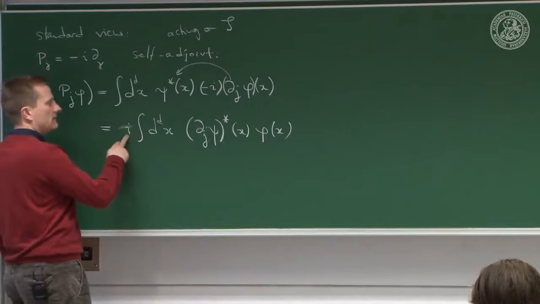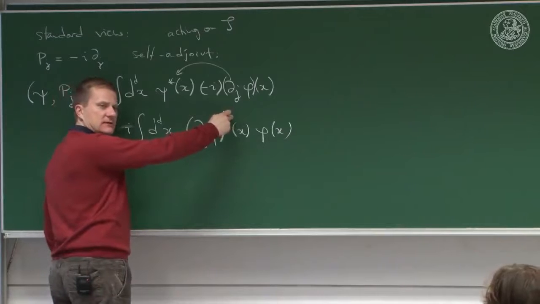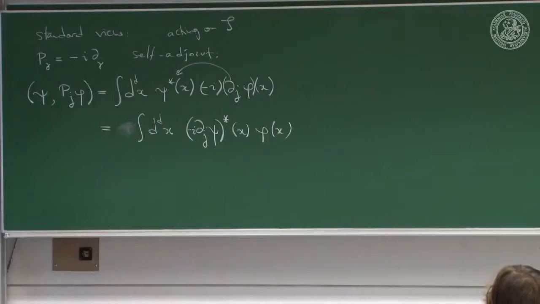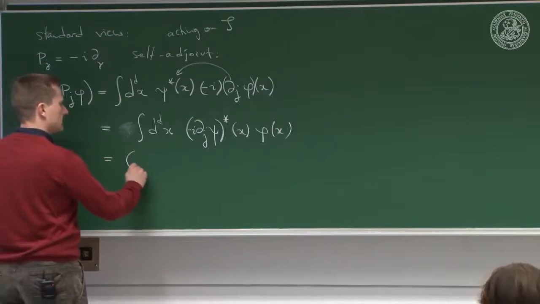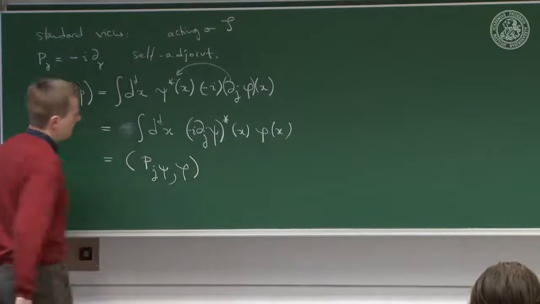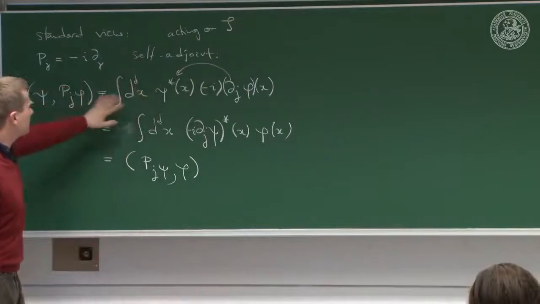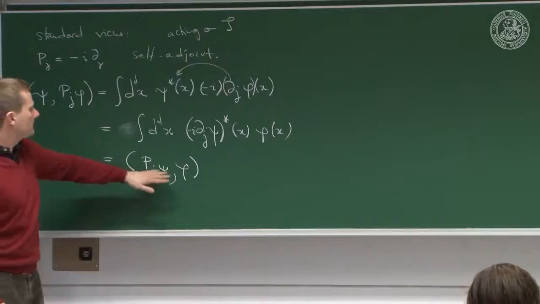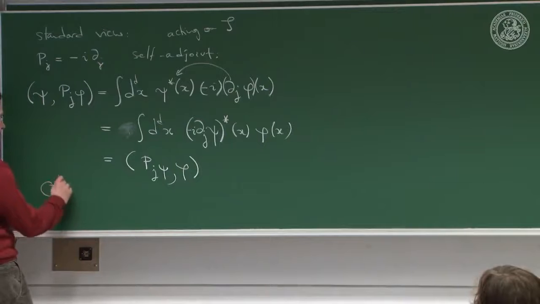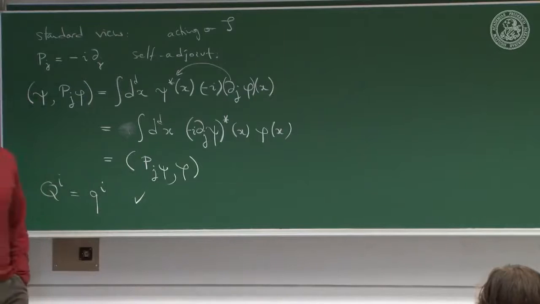Now this i that I have left over can be pulled into the bracket of the object that's being starred. Then, of course, it gets a minus i because it's being starred. But now it's pretty obvious: this is P_j psi comma phi. So indeed, this choice acting here, these are Cartesian coordinates on R^d, satisfies this self-adjointness property, and so does the Q_i that just acts by multiplication. It's also self-adjoint. So everything is fine.